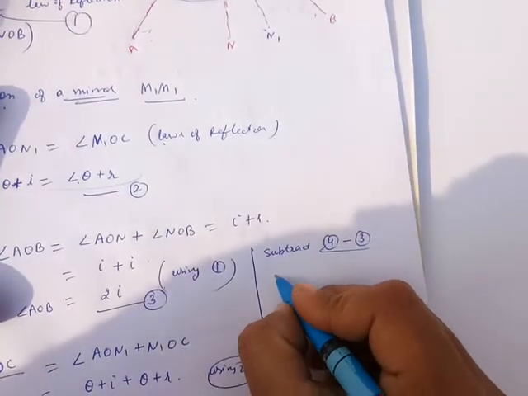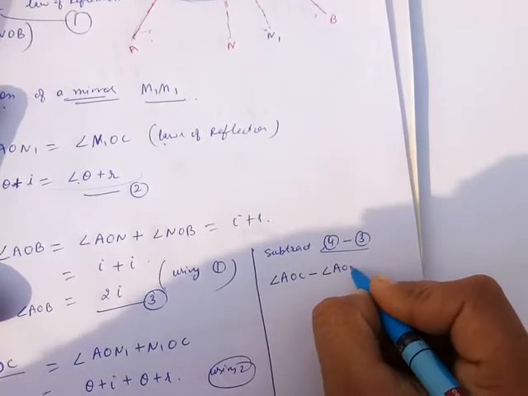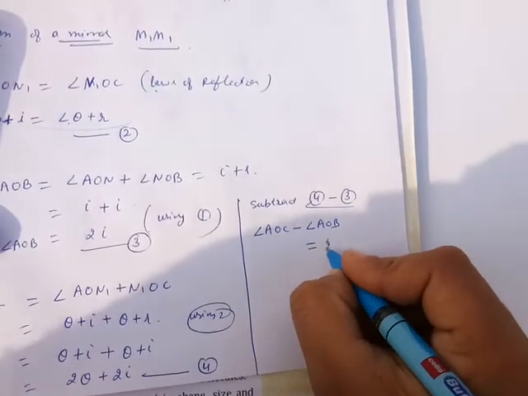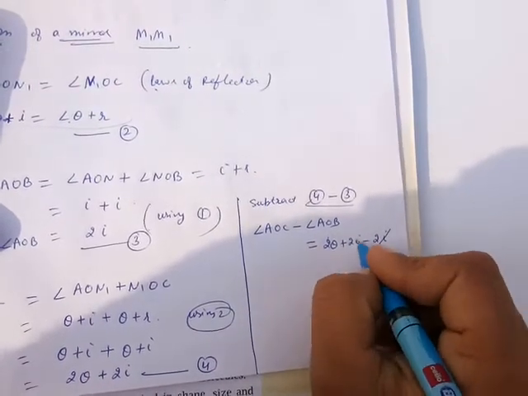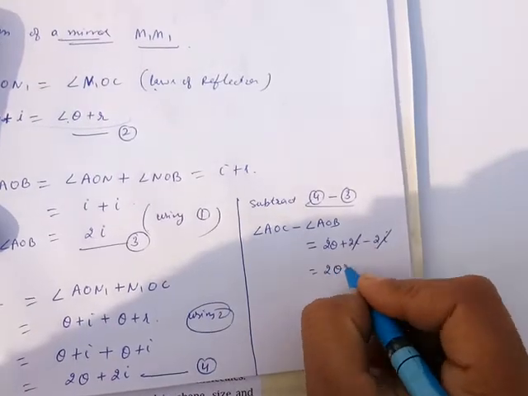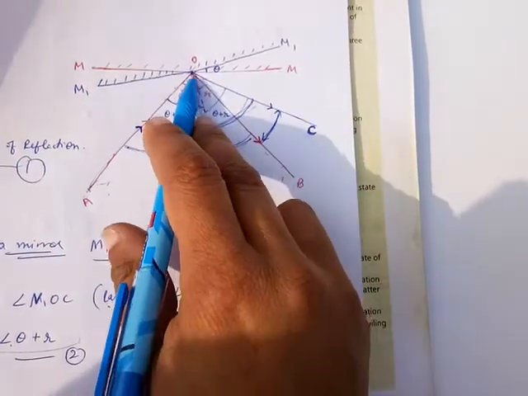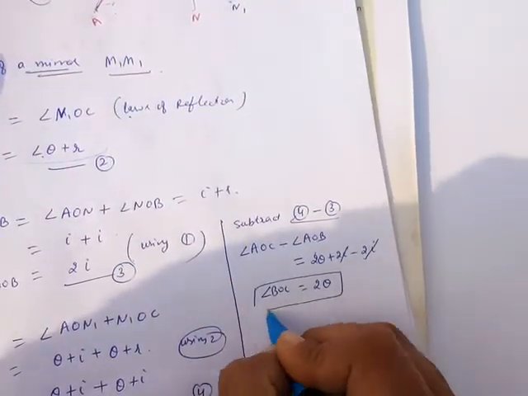Now equation number 4 is angle AOC minus angle AOB, which is equal to 2 theta plus 2I minus 2I. 2I cancels 2I, we have 2 theta. AOC minus AOB is equal to BOC. It means angle BOC is 2 theta.